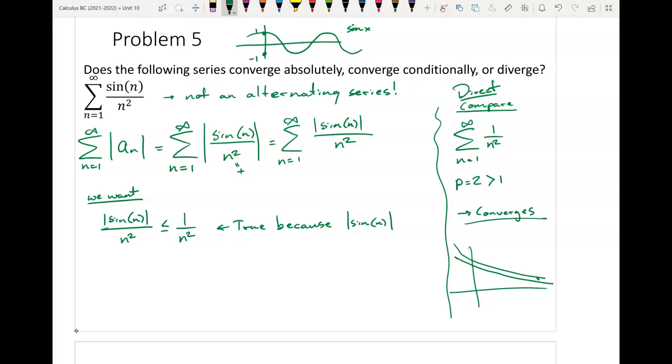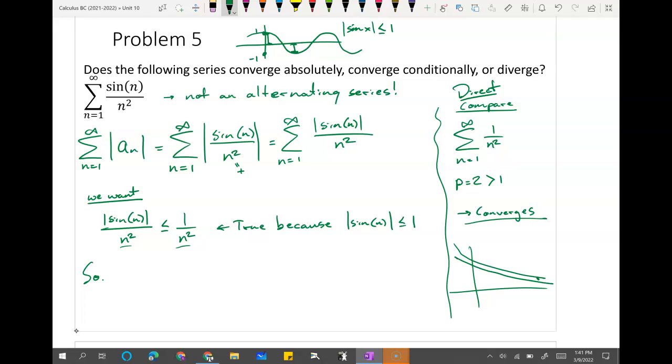So if I take the absolute value, remember, absolute value is the distance to 0, regardless of positive or negative. And that distance to 0 is going to be less than or equal to 1. So this is true because the absolute value of sine of n is less than or equal to 1. And the bottom is the same, so really we're establishing that the top is true, and it is. So we know that's true.